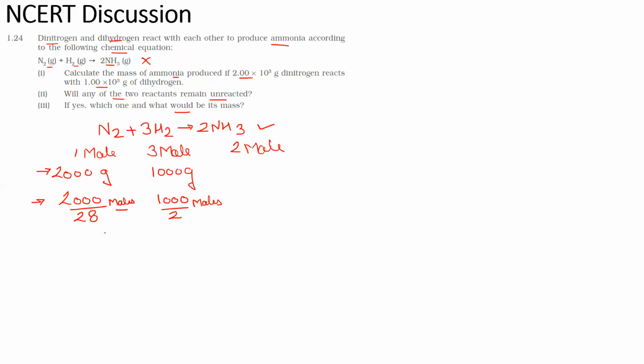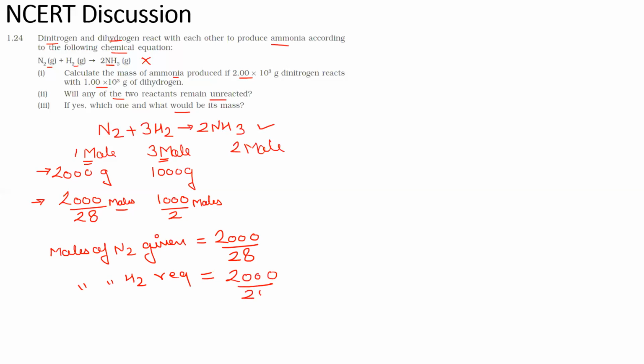Okay guys. So 1 mole of N2 requires 3 moles of H2. This we know. So the moles of N2 given is 2000 by 28. Okay. So moles of H2 required to react with this will be 2000 by 28.